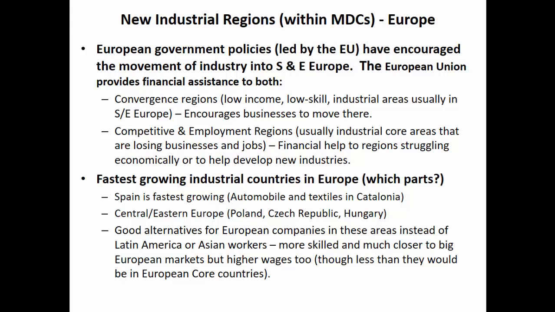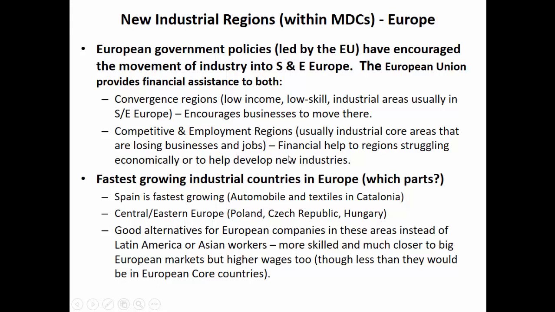We need new industries and new jobs to develop to make up for the ones that are being lost. So the EU both encourages the movement of workers and businesses to convergence regions, and provides money to the regions that are losing those businesses and workers so they can find new ones and try to help recover from those losses.